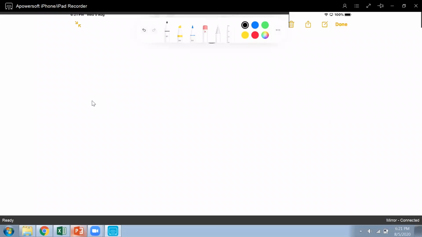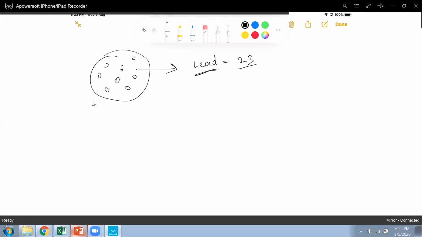So suppose Maggie. Lots of Maggie is produced in India. And they have what we say, ppm, or lead. Lead content. We think that the lead content in Maggie is 2.3.